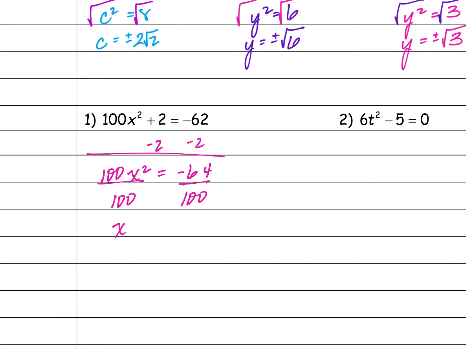And then I get x squared equals negative 64 over 100. Square root it. So I'm going to get x is going to equal plus or minus 8i over 10. Okay, questions on that? Are we okay?